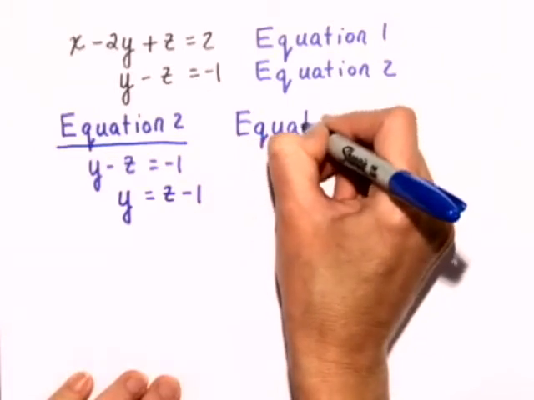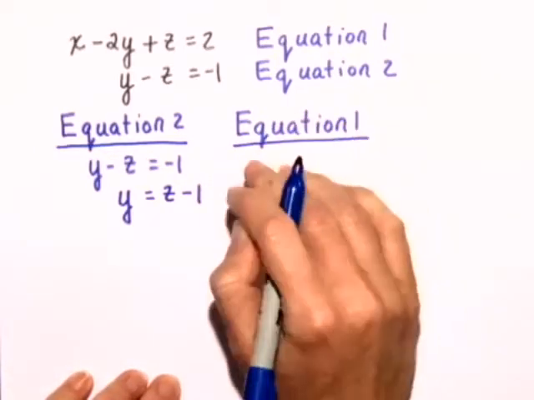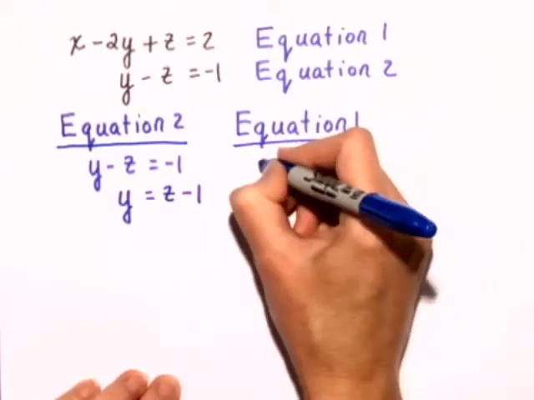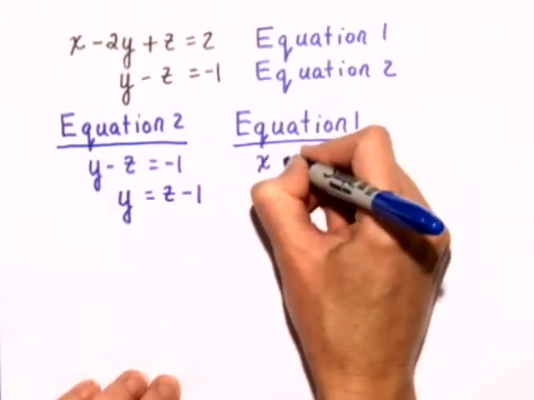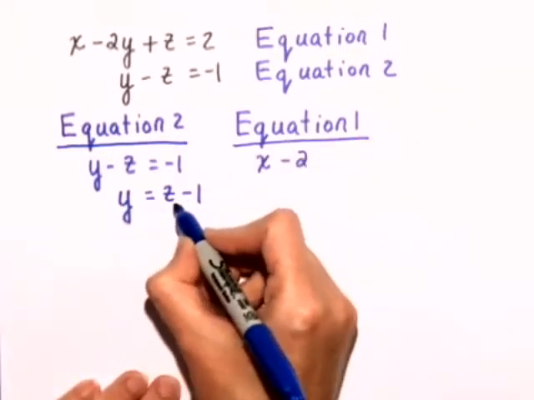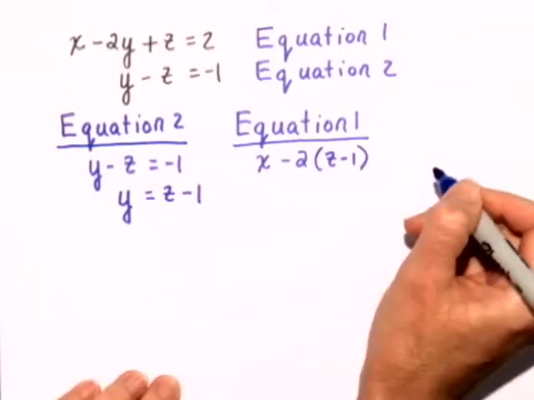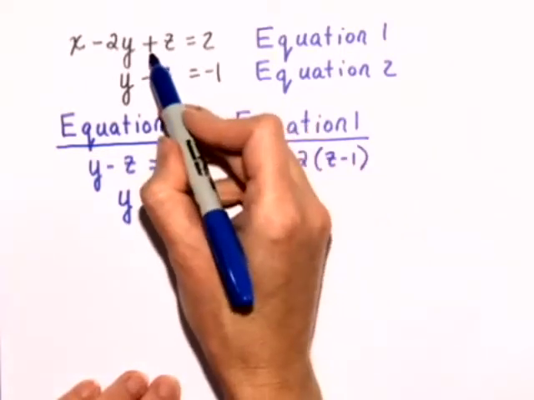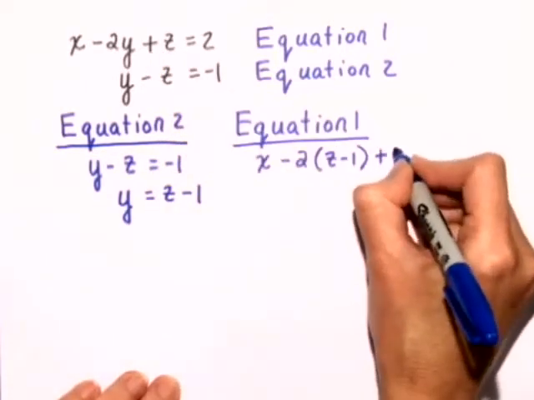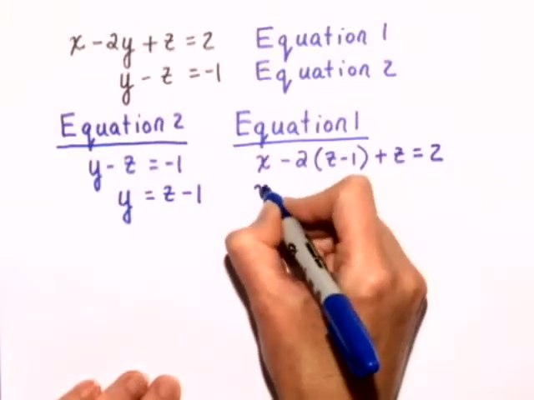Now we'll move on to equation 1. And we'll solve for x in terms of z. So we have x minus 2 times y, but we know that y is equal to z minus 1, so we'll substitute z minus 1 in there for y. And then we still have plus z is equal to 2. Let's distribute.